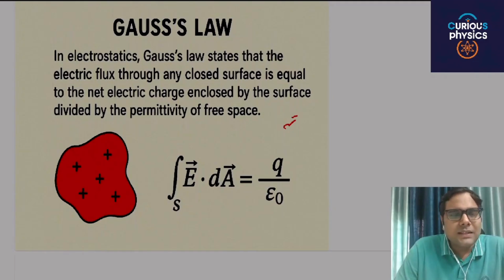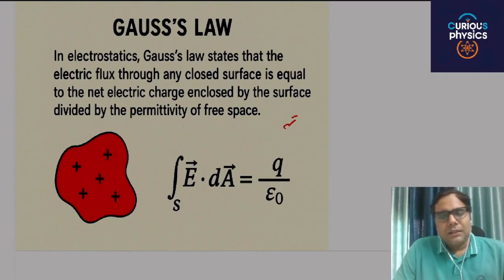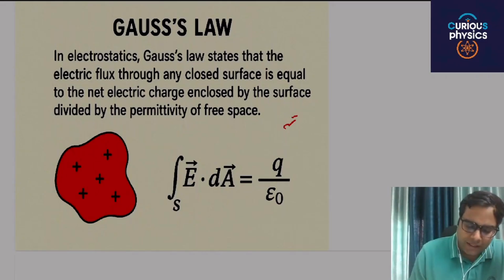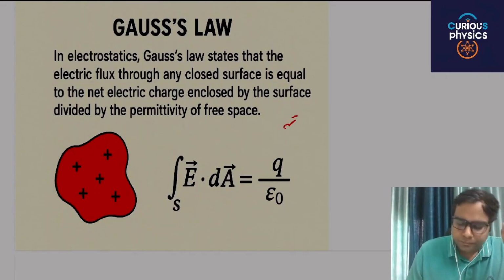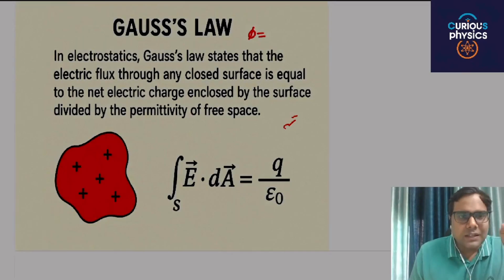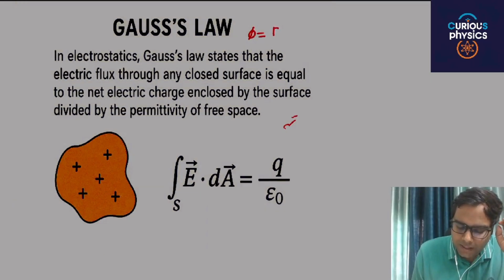Gauss law is basically another way to find the electric field at a particular point. This law is related to the electric flux, and as we know, electric flux is the dot product, or the scalar product, of electric field and area, and it can also be written as EA cos theta.